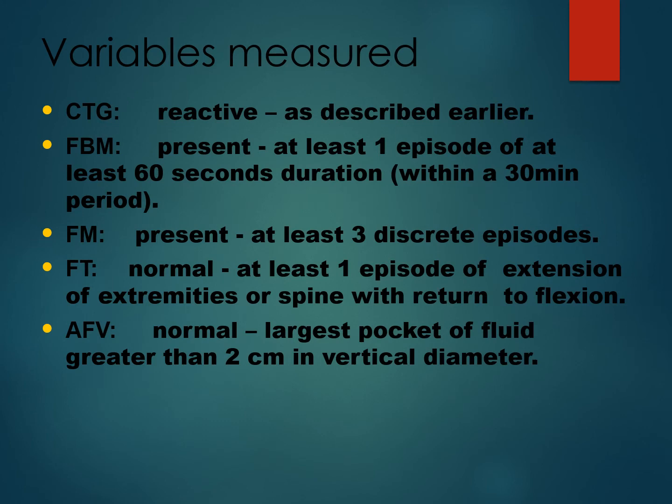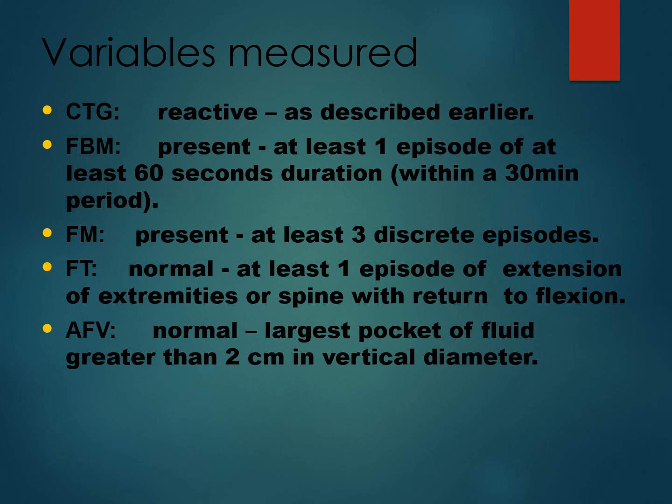Each one has 2 points, either 2 or 0. Fetal breathing movement: at least one episode, we see it on the chest during the ultrasound exam. We see a cross-section of the fetal chest and the breathing movement; at least one episode in 60 seconds takes 2 points.